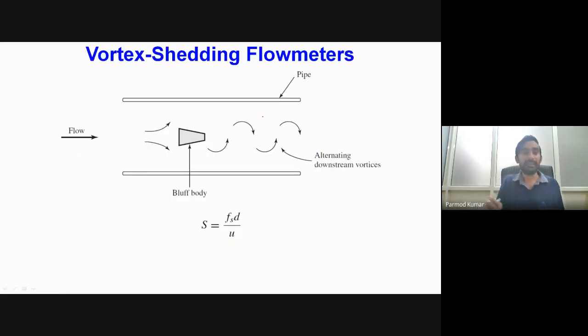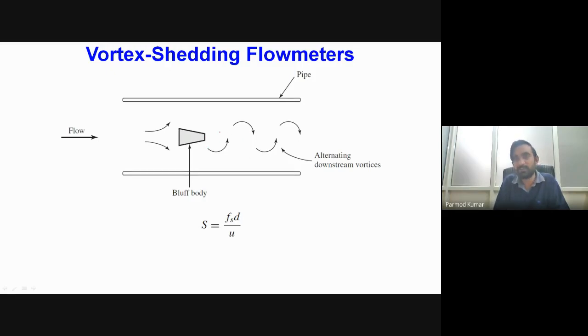Okay. Another type of flow measurement device includes the vortex shedding flow meter. So in this particular type of arrangement, what we do, we create some obstruction. So we take a bluff body inside our flow pipeline. So while the flow will be taking place over this bluff body, we will be having the generation of some vortex structure.